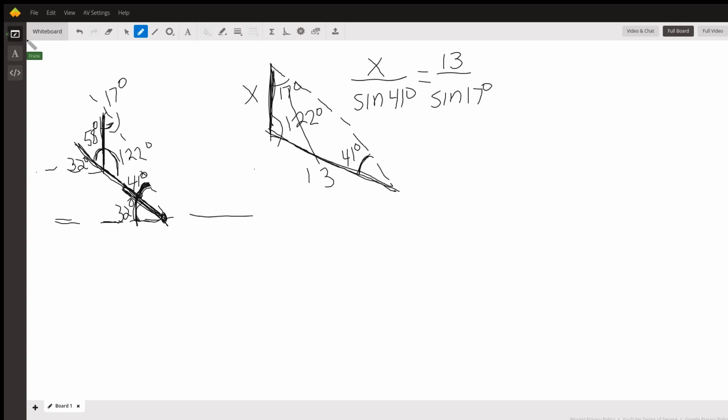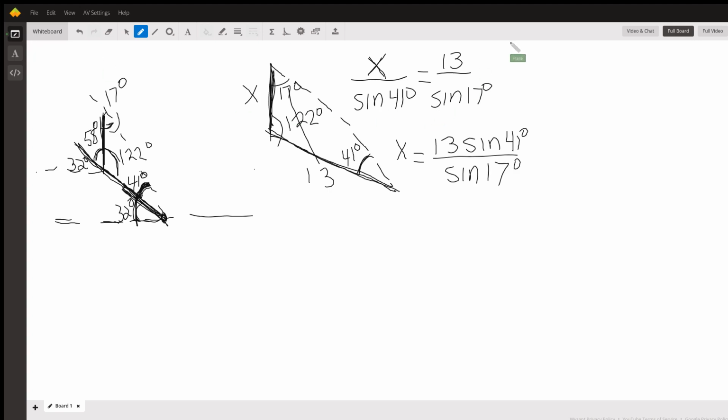We could also flip those, the sine of the angle divided by the side opposite it. But I'm putting the sides on top because I'm going to solve for X. And now multiply both sides by sine of 41 degrees. X equals 13 times sine of 41 degrees divided by sine of 17 degrees.